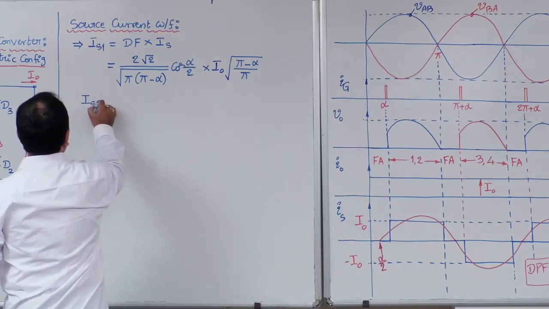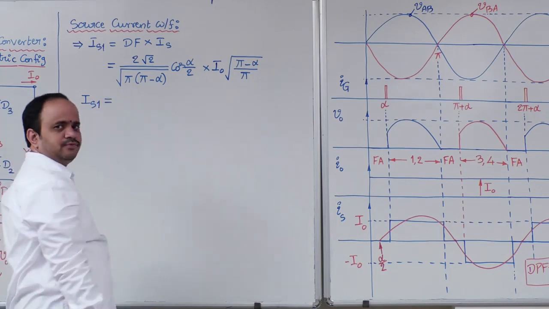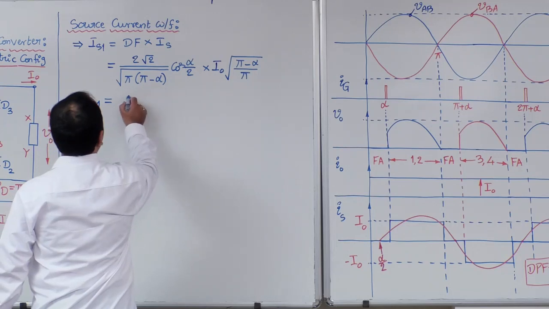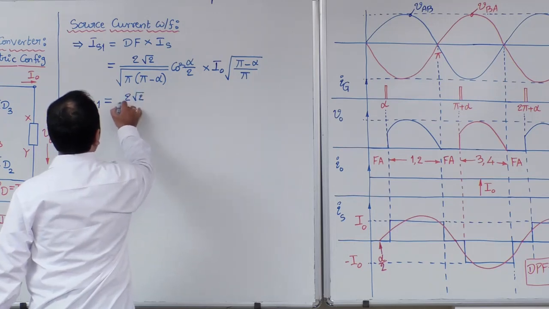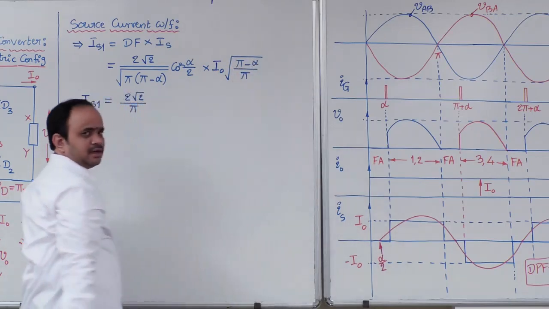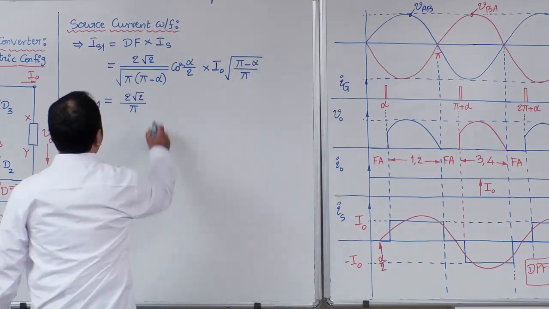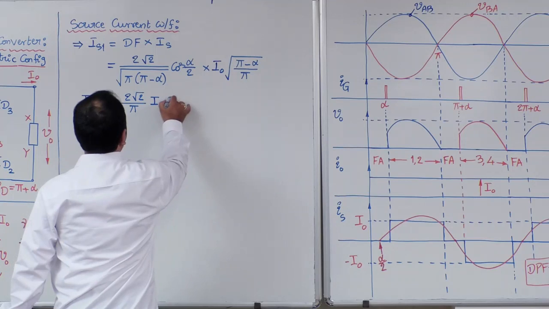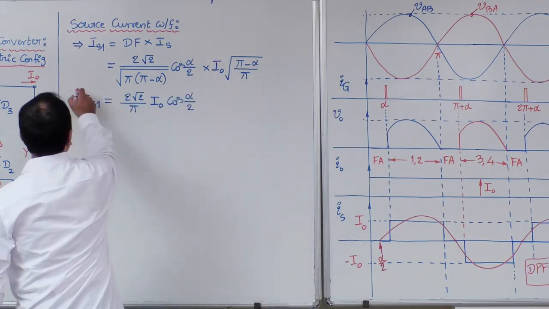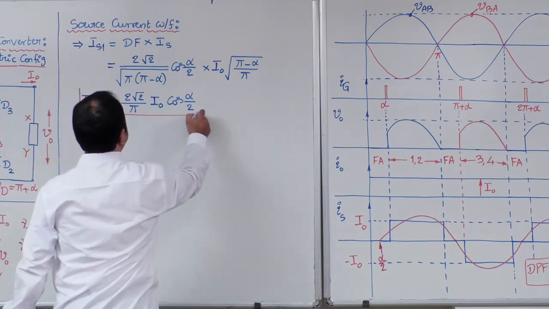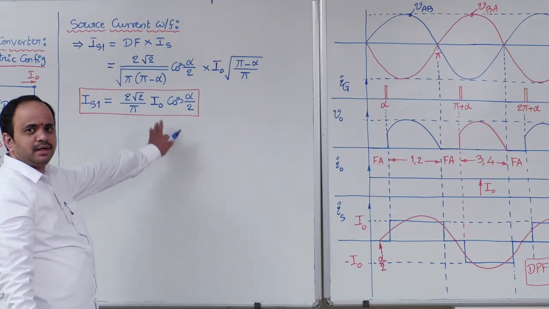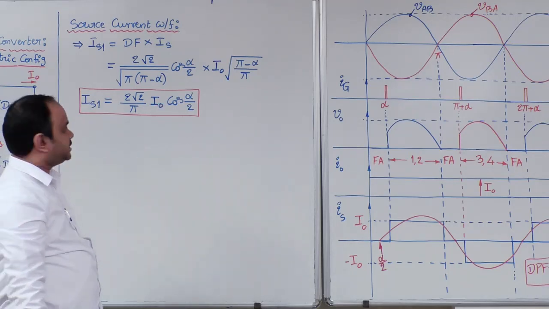Therefore, RMS value of fundamental source current is equal to 2 root 2 by pi. This pi minus alpha will get cancelled out, into I naught into cos alpha by 2. This is the expression for fundamental RMS value of source current.